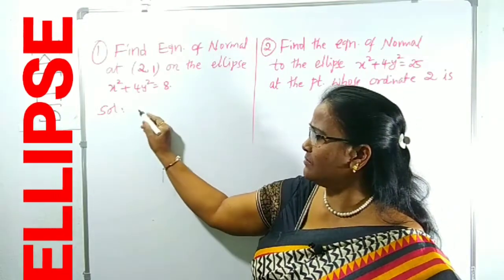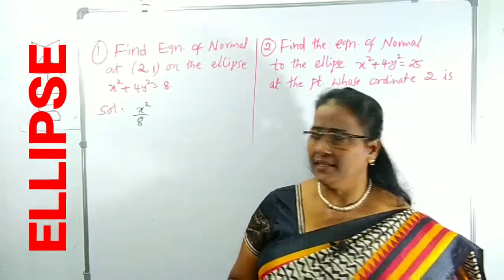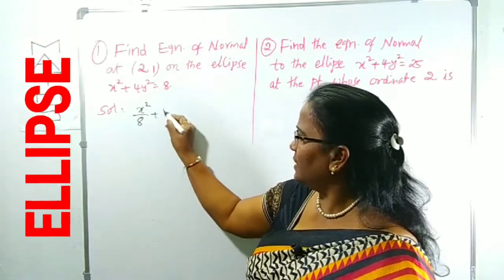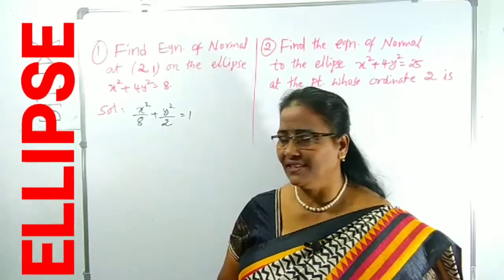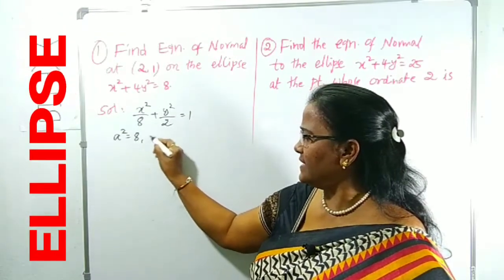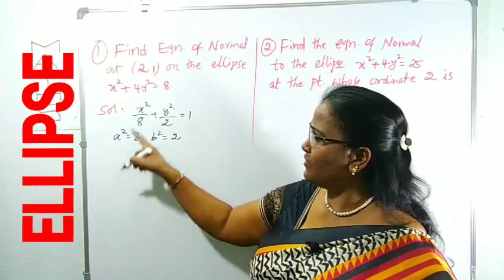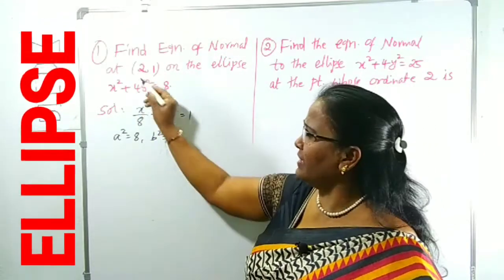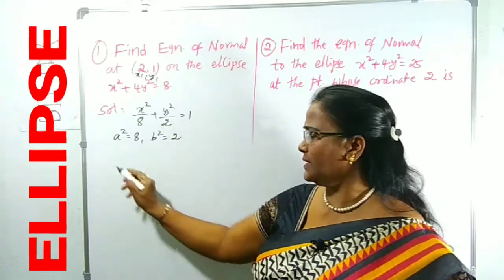But taking the division by 8, what happened here? x square by 8, right? Plus y square by 2 will come is equal to 1, right? From this we can observe that a square is equal to 8, b square is 2, right? What is asked? Equation of normal at one of the points, given that point is taken as some (x1, y1). We know that clearly.